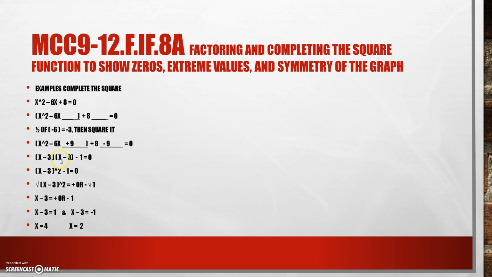And then you square root both sides, and you're going to get x minus 3 equals plus or minus 1. So that would be x minus 3 equals 1, and x minus 3 equals negative 1. So if we get x by itself, adding 3, the zeros will be x equals 4 and x equals 2.